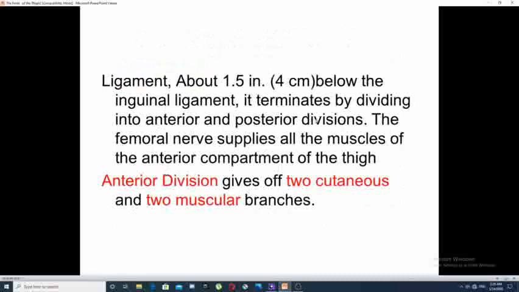About 4 centimeters below the inguinal ligament, the femoral nerve terminates by dividing into anterior and posterior divisions. The femoral nerve supplies all muscles of the anterior compartment of the thigh. The anterior division gives 2 cutaneous branches and 2 muscular branches.